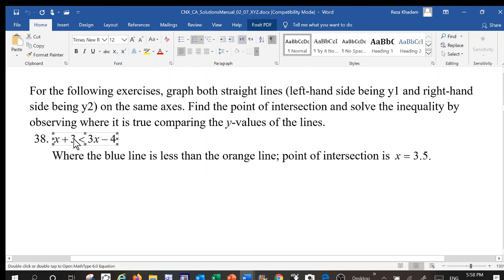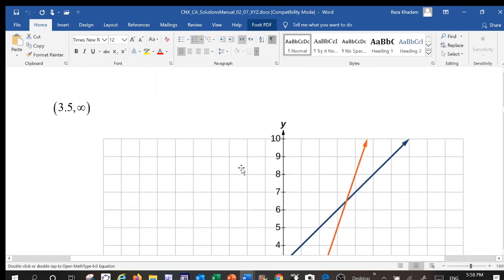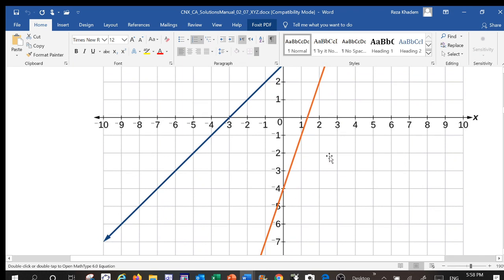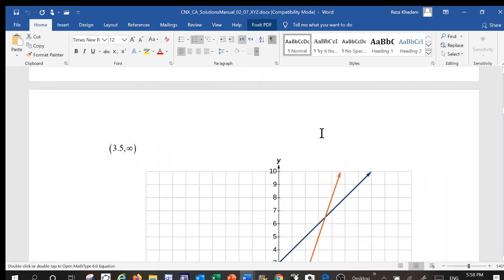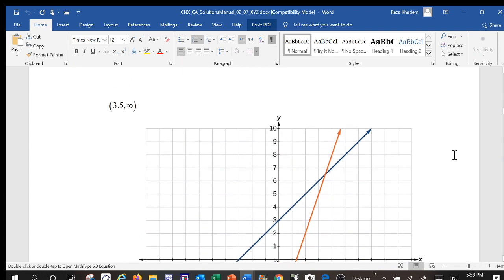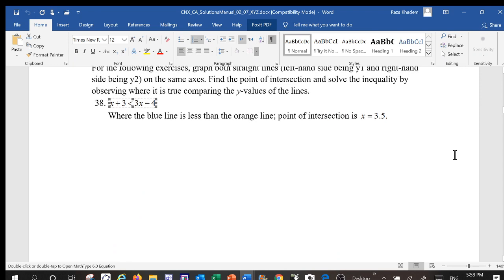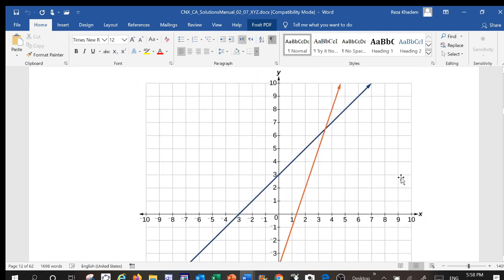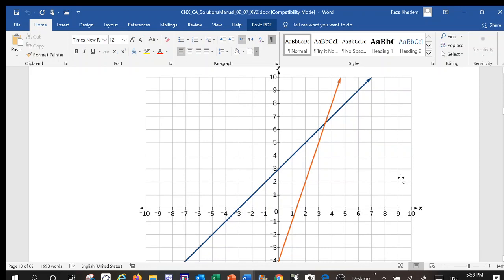We have to graph y equals x plus 3, and graph y equals 3x minus 4, and then see where they intersect. You see that? Let me make it a little bit smaller so you can see. So that's the graph of x plus 3 and 3x minus 4.